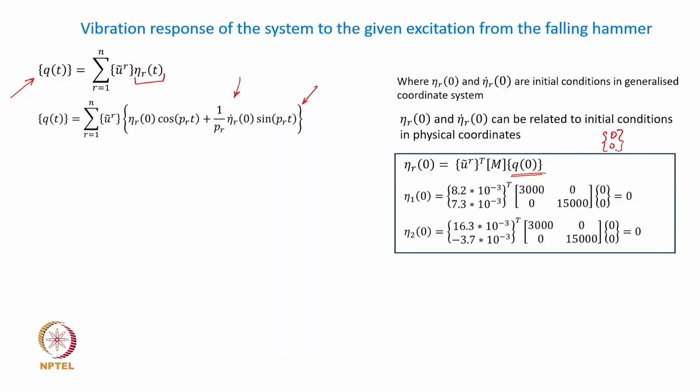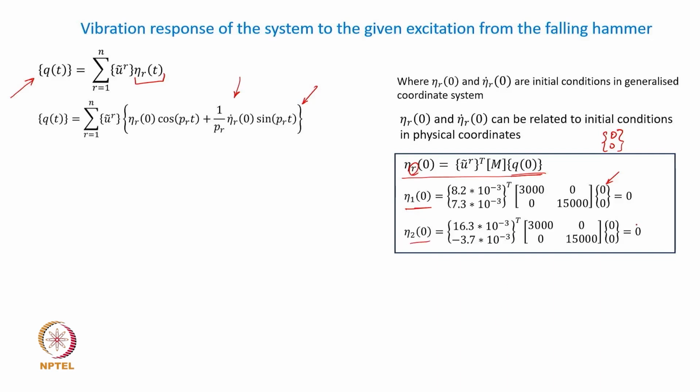So, you remember q(0) as 0 0 at t equal to 0, right. Then we use this equation which we have seen how we got, that eta r(0) is given by this, out of which q(0) is given. So, basically eta r is any arbitrary mode of the n degree of freedom system. So, eta 1, eta 2 both of them can be computed.